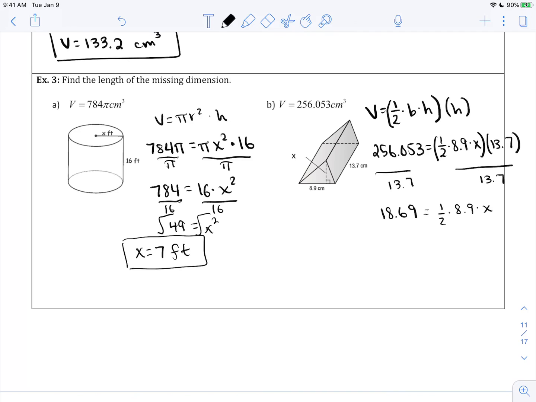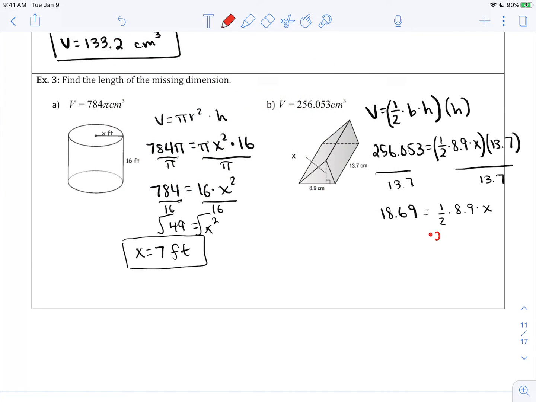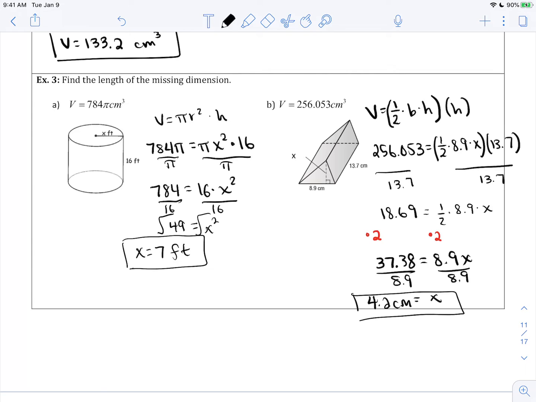Okay, next I'm going to multiply by 2. Right, cancel out that 1/2, and when I do that, I get 37.38 equals 8.9x, and divide by 8.9. We're left with x equals 4.2 centimeters. Great. All right.